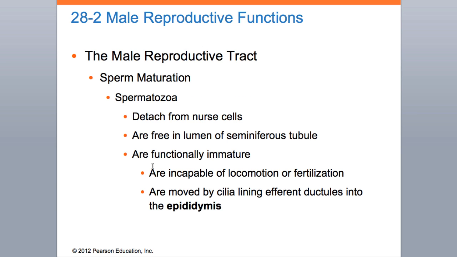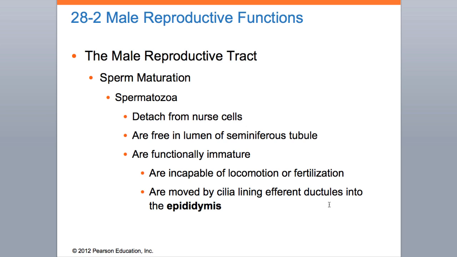I've already mentioned it. Here it is. Sperm are functionally immature at first. So what happens? They go to the epididymis to become capable of locomotion, capable of fertilization. And of course, how do they get there? By way of the efferent duct I showed you before.